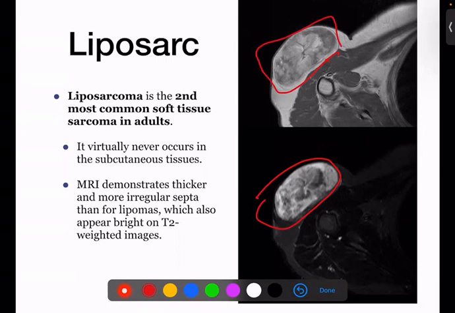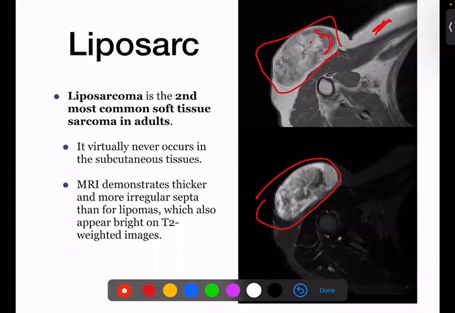It's not homogeneous, meaning it's not one single mass. We have this is fat, this is close to this signal, but this signal is not the same as this signal. So this is concerning for sarcoma. When we look at T2, it's like it lit up, like a light bulb. This is concerning for sarcoma.